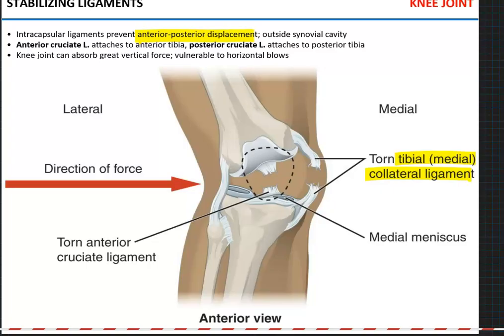Which means the force is applied that will go like this on the TCL, which means it's going to snap. Now your knee joint isn't stabilized as it should be anymore. Now ACL snaps.